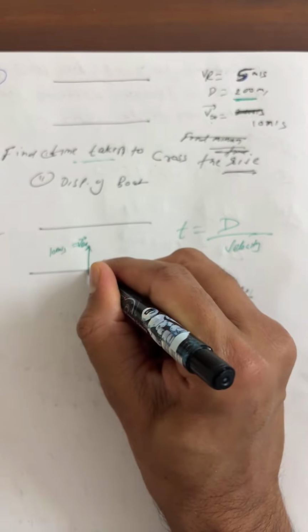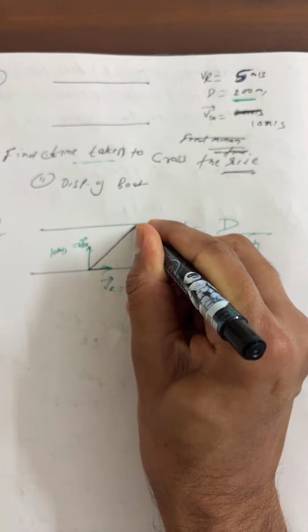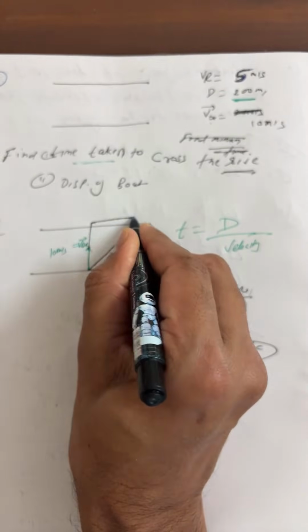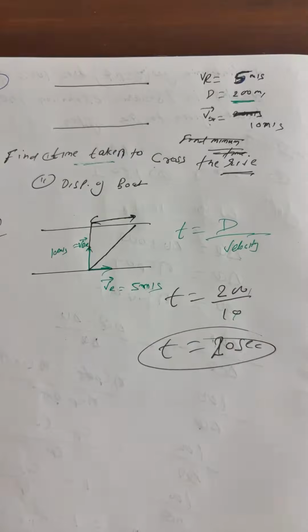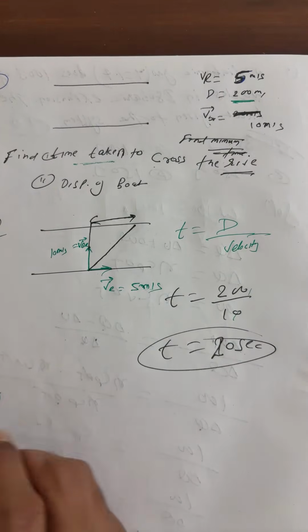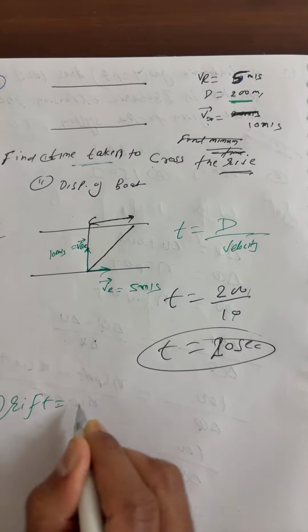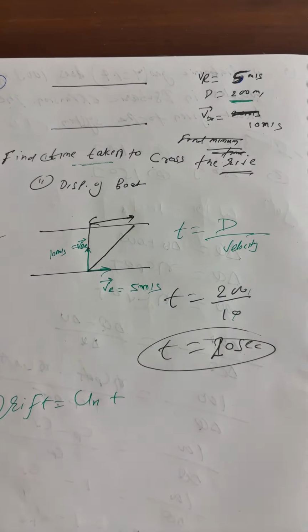Now in the second part, what they asked is the displacement. You can write this is a net velocity, so you need to find the drift. This drift is nothing but, you can say, displacement. For drift this is ux into t.